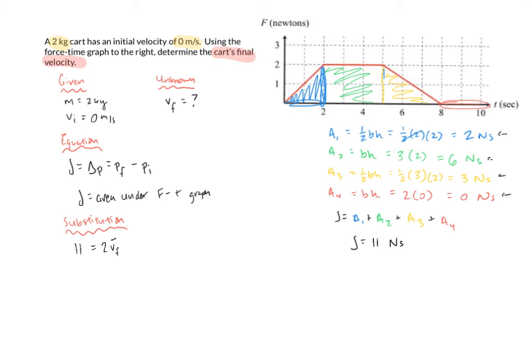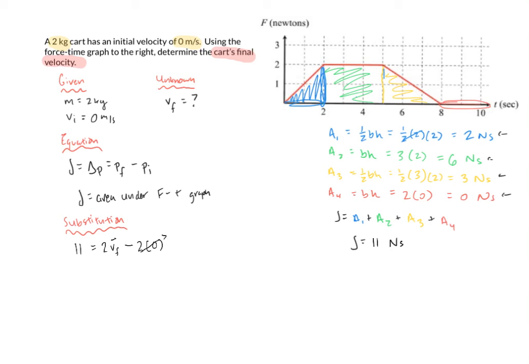So it's going to stay as a variable. And from that, I'm going to subtract my initial momentum, which is going to be 2 times 0. My mass hasn't changed, still 2 kilograms, times my initial velocity, which is 0 meters per second. And what's really nice is this whole term is going to cancel out because anything times 0 is equal to 0.